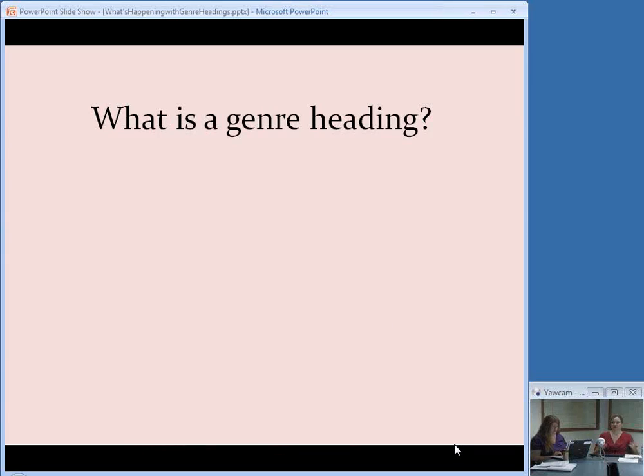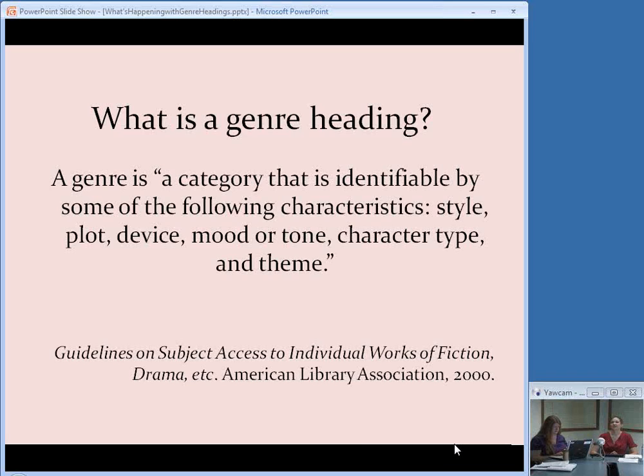But first, it's always good to start a topic by defining what you're talking about. I always start with an official or published definition, something other than just what I make up of a topic. So let's talk about what is a genre heading. Obviously, it's a heading in your catalog that deals with genre information. And here's a nice, succinct definition of genre.